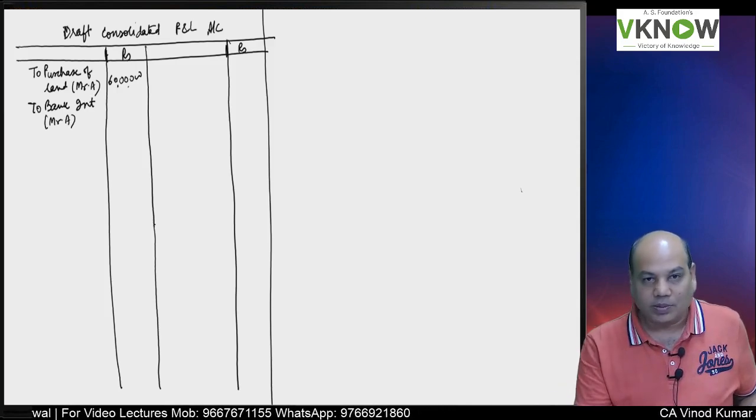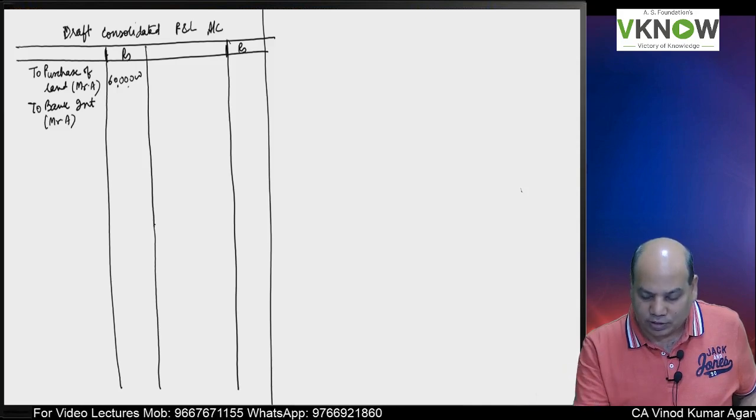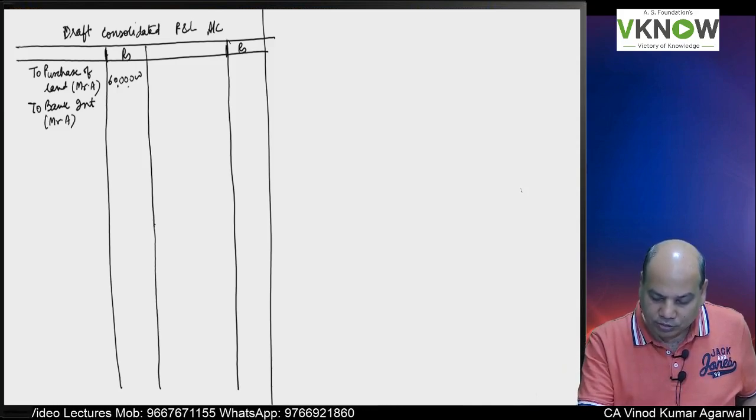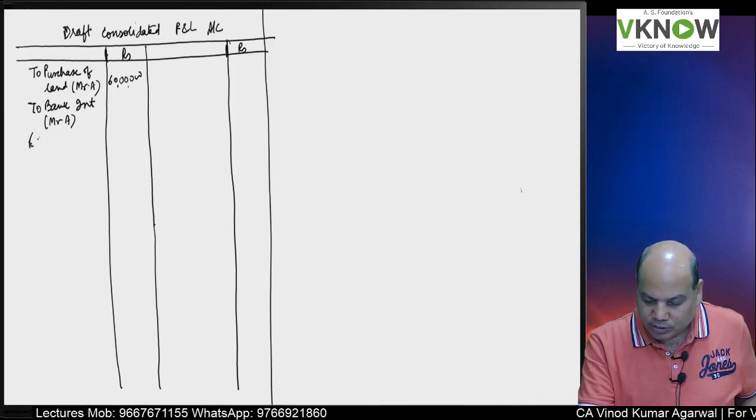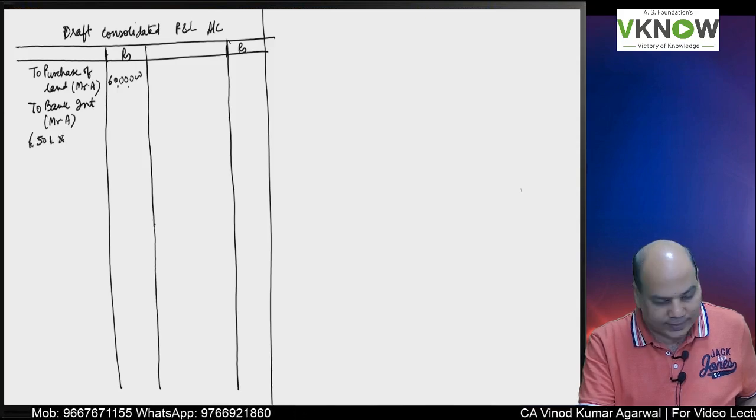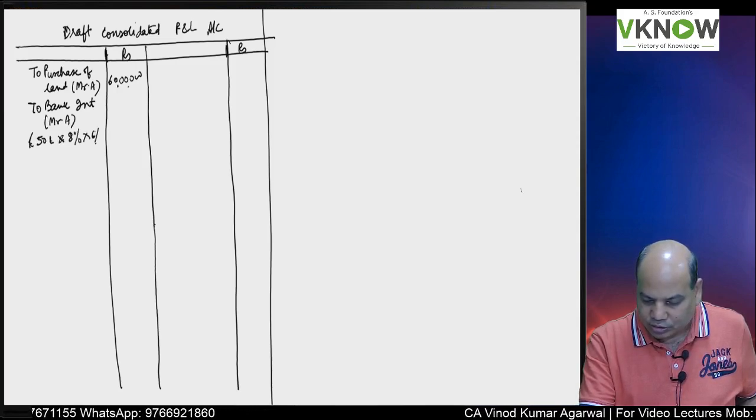Why will Mr. A pay the interest? Every partner will share the interest, and the interest amount will be, write the calculation, 50 lakh into 8% into 6 by 12, that comes to 2 lakh.